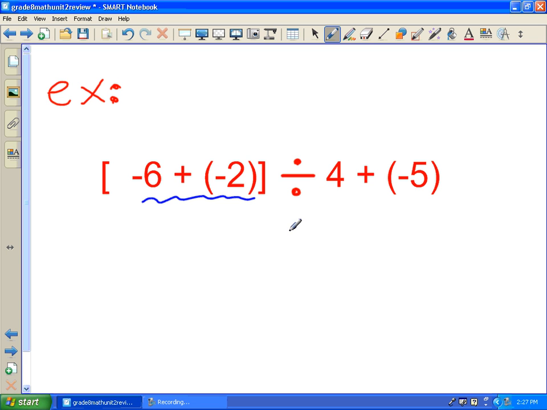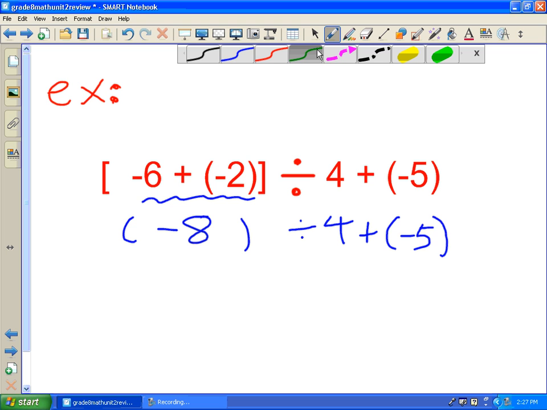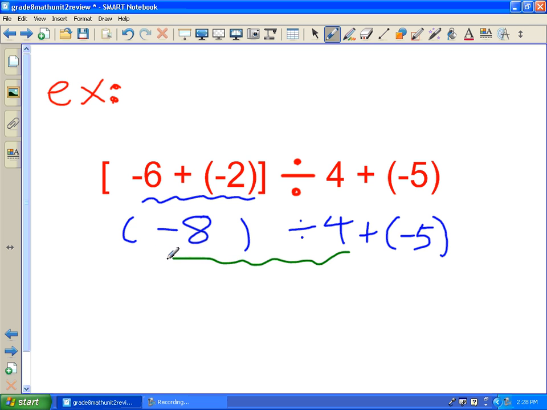And then just rewrite so you don't forget everything else that is there at the end. Now, what is negative 6 plus a negative 2? It's going to be negative 8. Now, according to BEDMAS, we do division before we do addition. So let's do our division problem. 8 divided by 4 is 2.